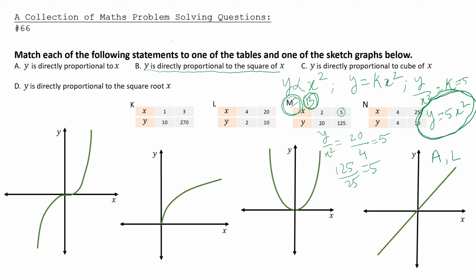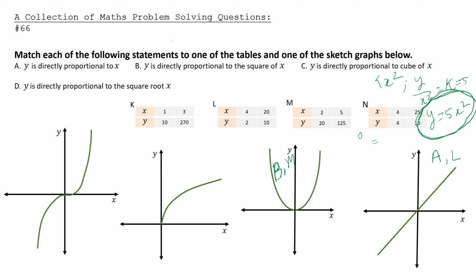So that is M and B. So B and M go here. So you've got 2 of them.